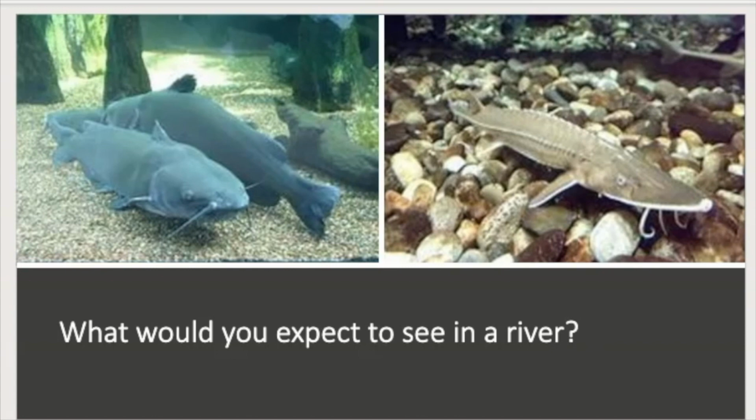That helps them stay safe. Why are they at the bottom of the river? Did you know that catfish are going to get food from the bottom of the river? That's why they're there. They are getting food. They are trying to find their food in the rocks and pebbles of the river bottom.